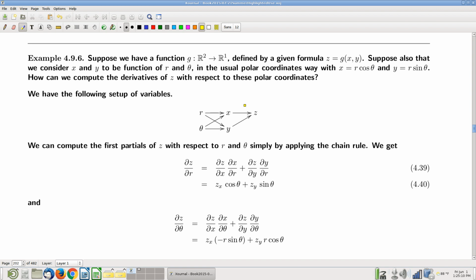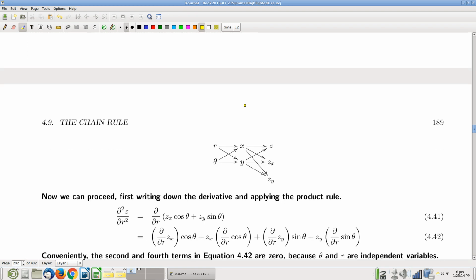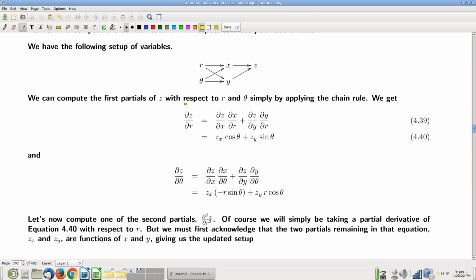Okay, but let's do a second partial now. So I want to ask the question, what's the second partial with respect to r? So I'm going to come up to this equation that I just got that gives the first partial of z with respect to r, and I would like to take an r partial of this.